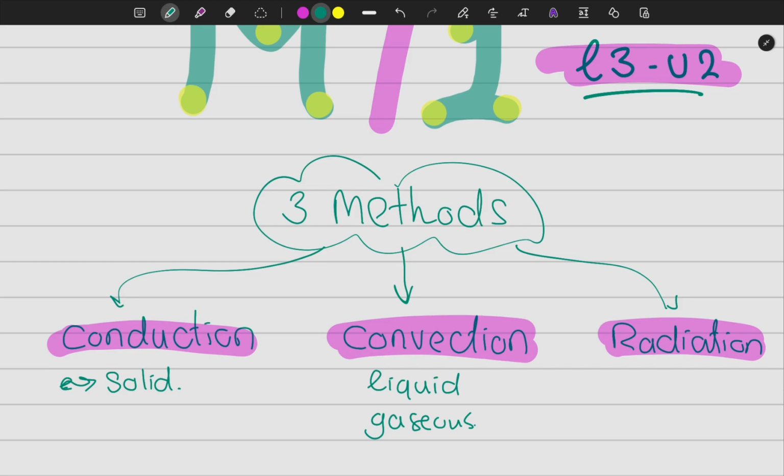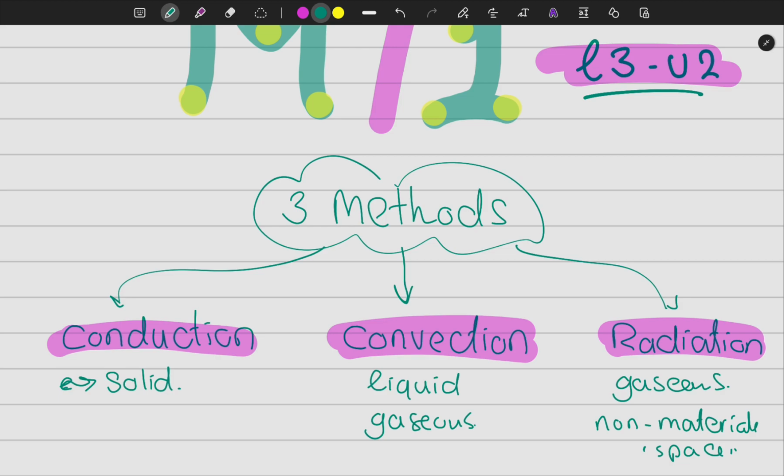We all know that from the previous lesson. Radiation is in gases, of course, and also in non-material, like space.